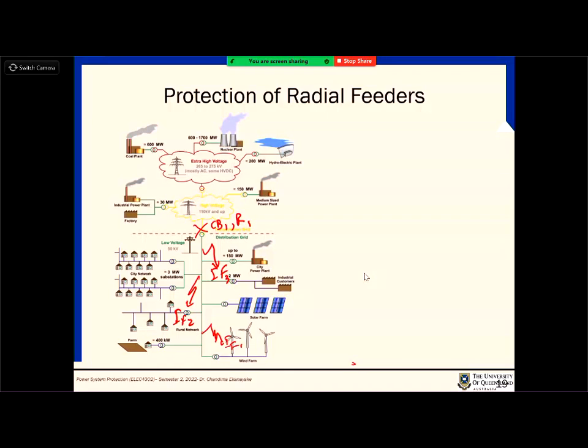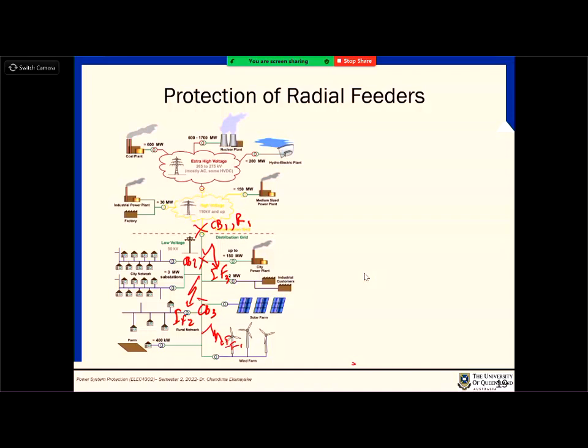So what do they come up with? Instead of one breaker, what happens if I put a couple of breakers like this? So I'm putting circuit breaker 2, circuit breaker 3. I'm putting 3 circuit breakers now.